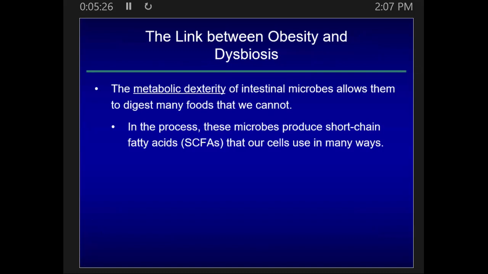And so we have certain limitations in our physiological pathways where we can't work with certain foods that we ingest, but the microbes can. We'll get more into that when we look at fiber, for example. There's certain fibers that we can't handle digesting, but microbes can.